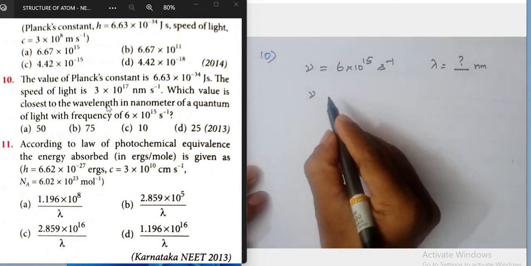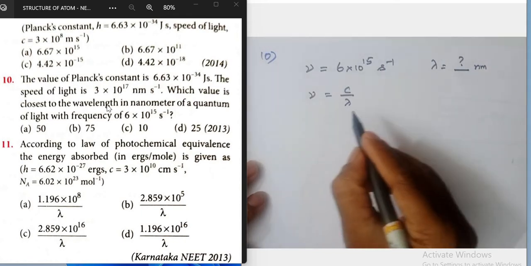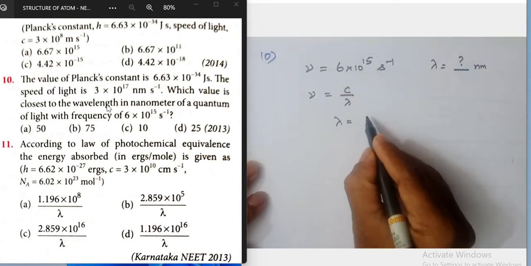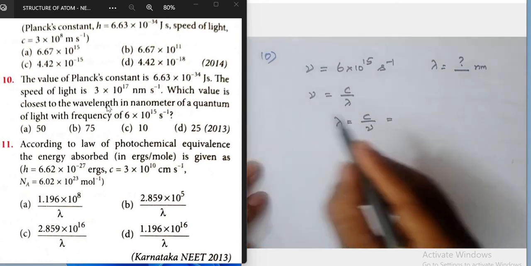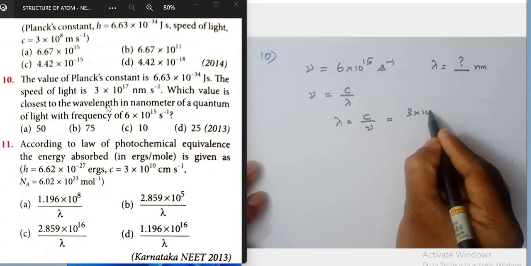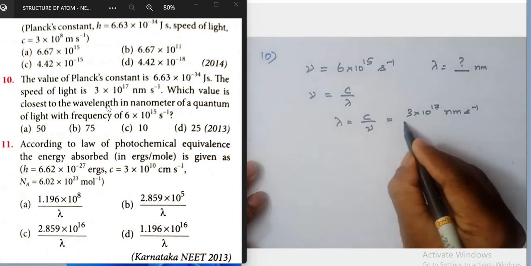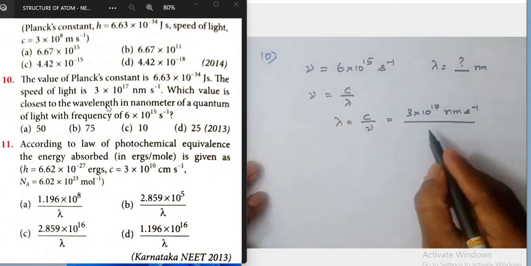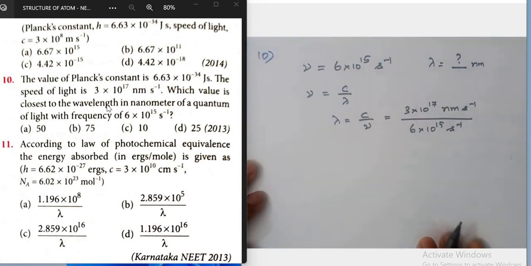You know the relation, nu is equal to c by lambda. Or I can write lambda is equal to c by nu, and the value of c is given in nanometer, which is 3 into 10 to the power 17 nanometer per second, and the frequency is 6 into 10 to the power 15 second inverse.